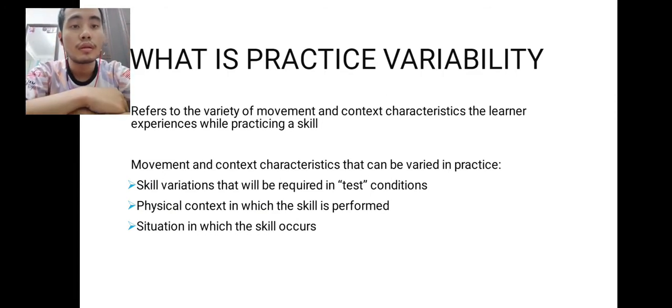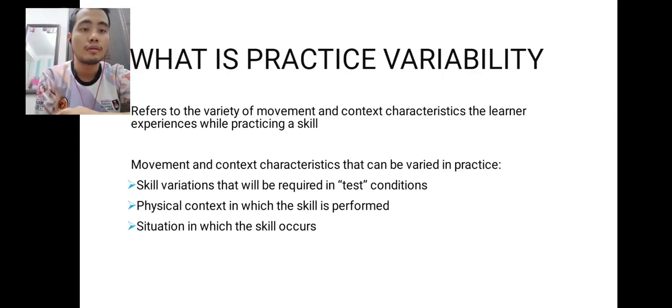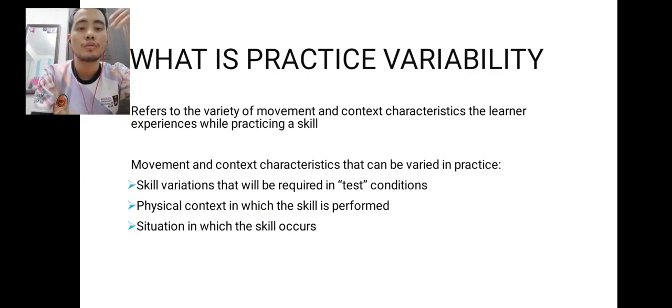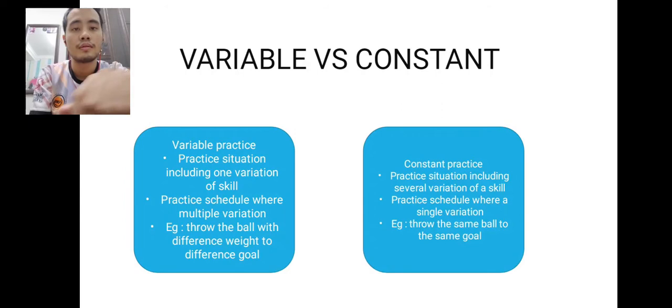Movement and context characteristics that can be varied in practice are, first, skill variation that will be required in the test condition. Second, context in which the skill is performed and situation in which the skill occurs.